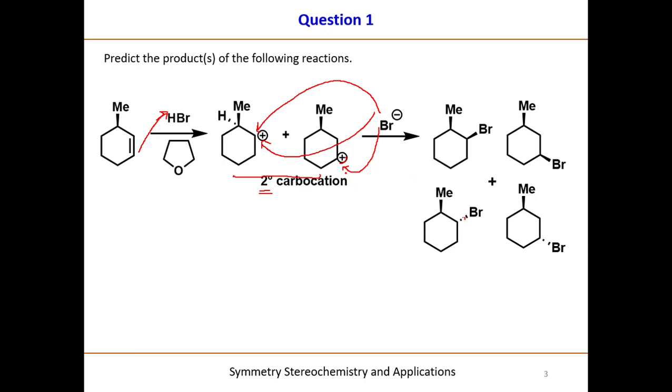Then in this condition also, by third position substitution, we will get different types of product, that is alpha and beta again.